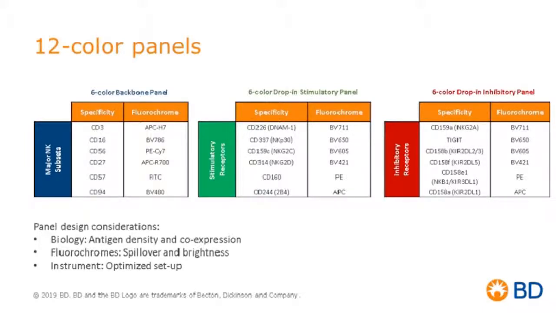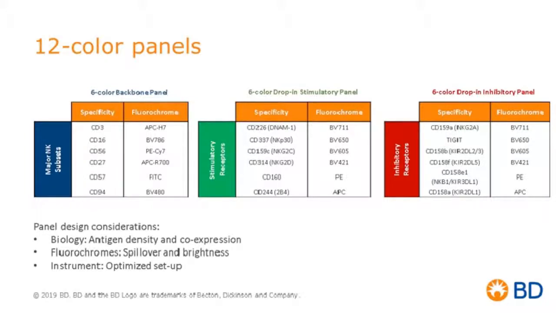It's also important to have an optimized setup for the instrument. And while these rules overall work very well for a lot of model systems, in the context of NK cell biology, I would like just to make a general comment that antigen density and co-expression patterns in a model system like NK cells are not always that predictable.